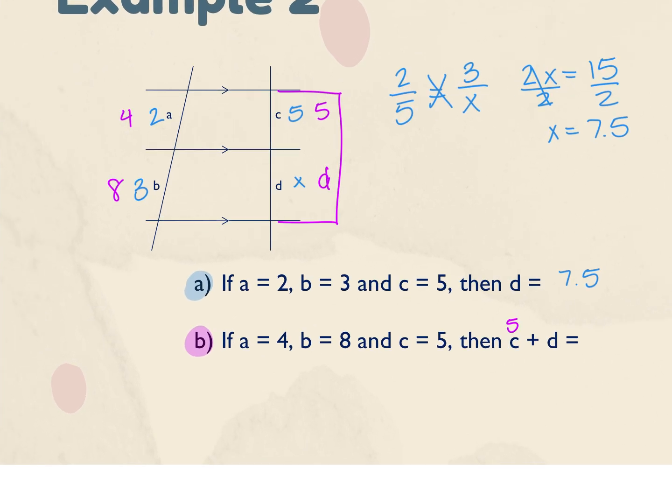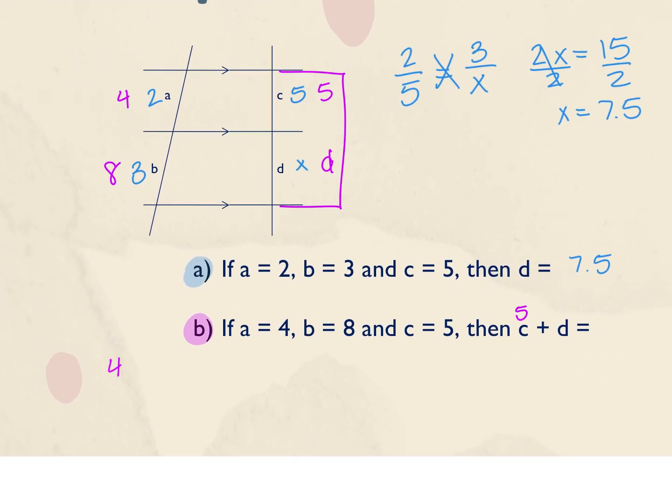I'm going to get 4 over 5 equals 8 over D. Solving it this way, I'm going to cross multiply. I'm going to get 4D equals 60, divide by 4.